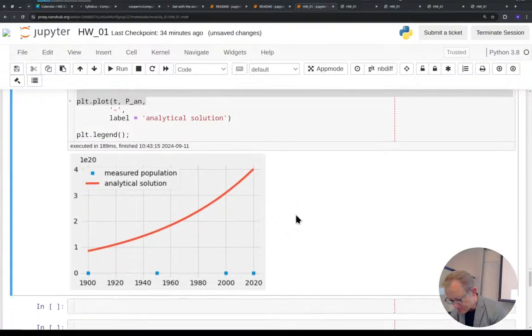And this is usually what I see. Not usually, but I see this a lot. Like I plugged in the initial population, but it looks different. But this is assuming that population 1900 was actually population at year 0.